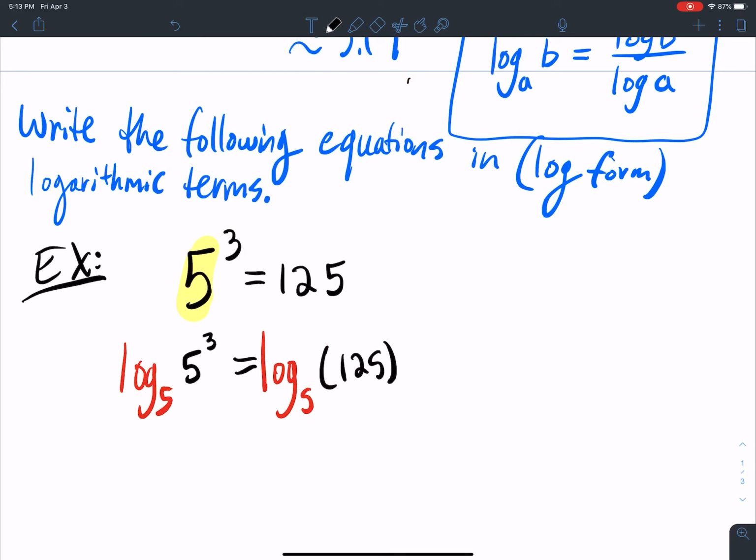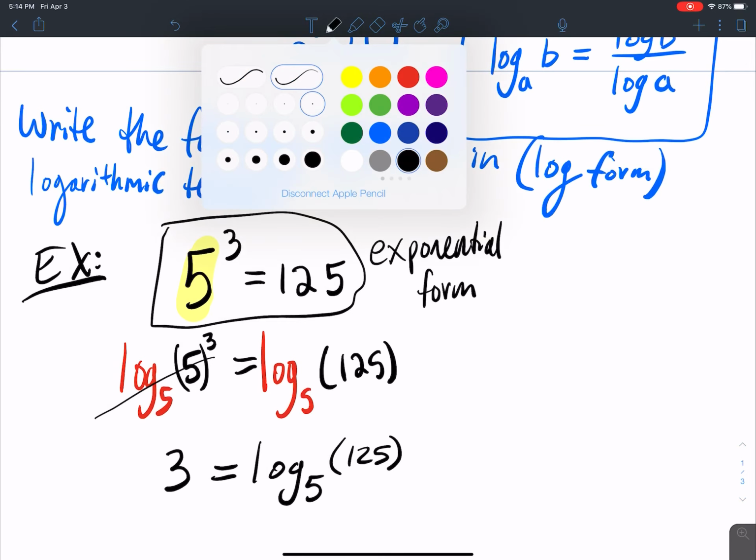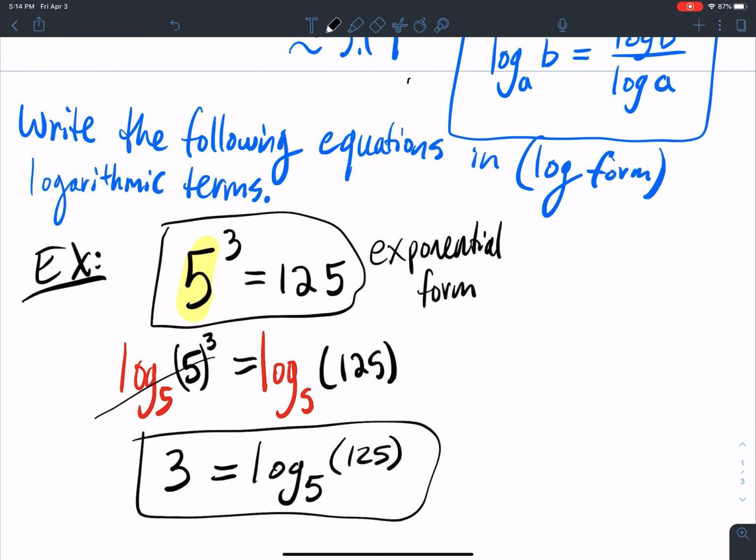The log base 5 and 5 cancel, and I just have 3 equals log base 5 of 125. And that is my logarithmic form. So this right here is exponential form. This is log form.